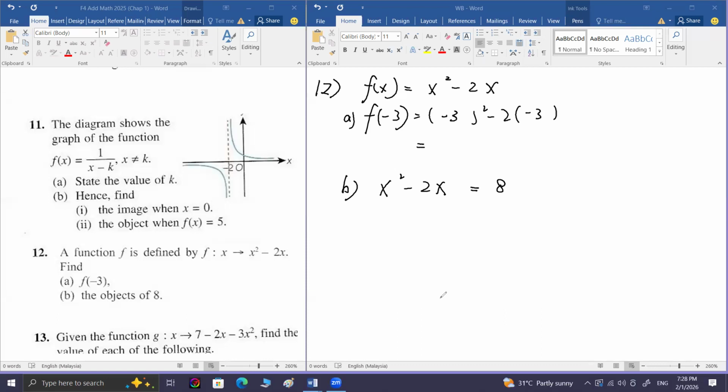Just work with the calculator. What happened? Put a bracket. Don't forget to put a bracket and be careful with the negative. Yes, Lawrence, your answer is correct.